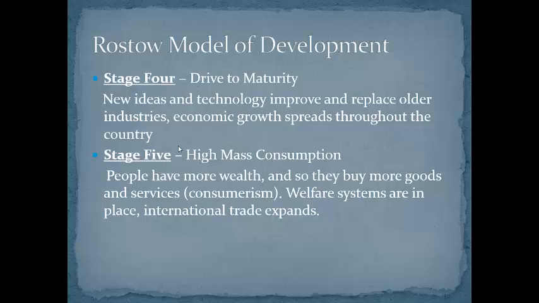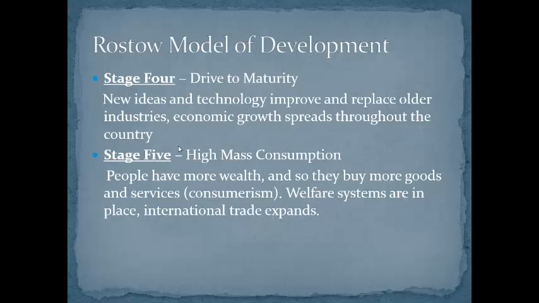And this is something that Rostow identified, that this would happen as a country matures, that the wealth and diversity would spread throughout the country. And the final stage Rostow identified was called high mass consumption. So people have more wealth, there's a middle class, and they're able to buy more goods and services. Consumerism is the driving force behind the economy. And this is also when we start to see things like welfare systems put in place.